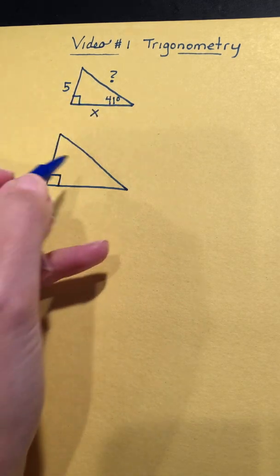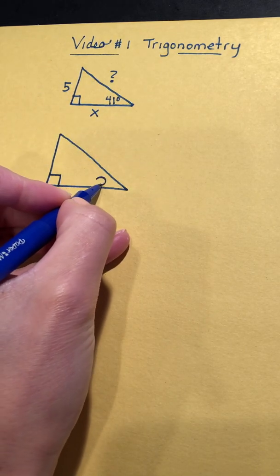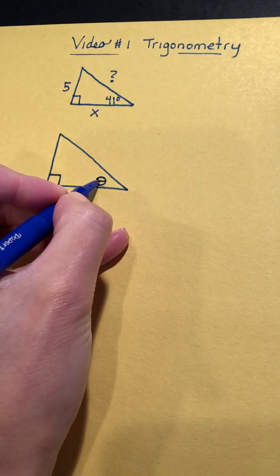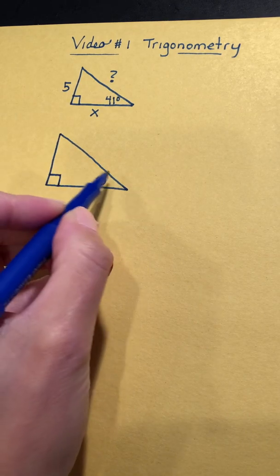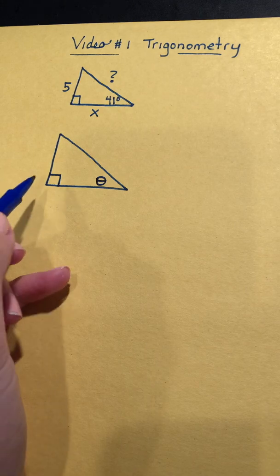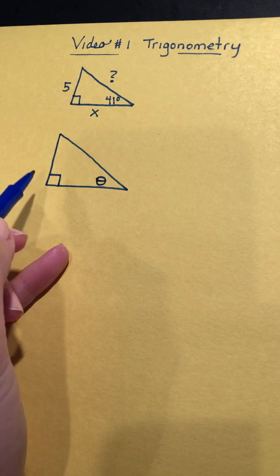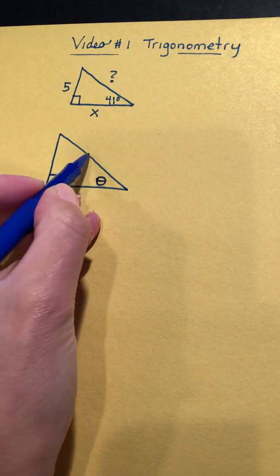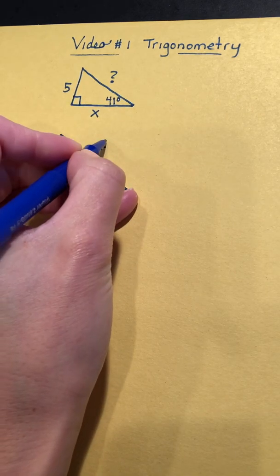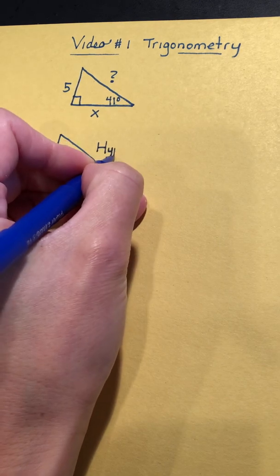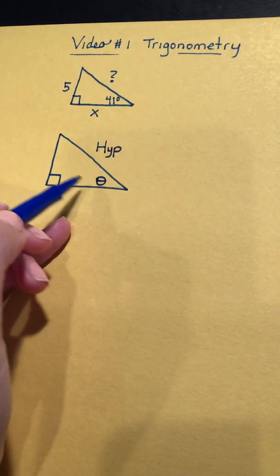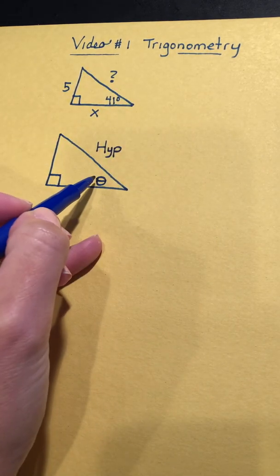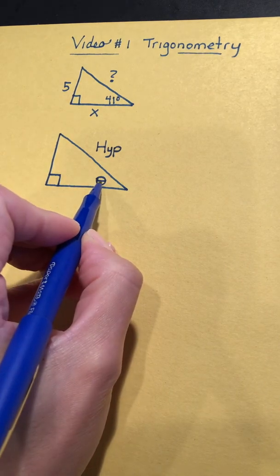Now, the 41 degrees, we're going to call that theta, and theta is a Greek letter for an unknown angle measure. What we're going to do is label every triangle with 3 sides. The side across from the right angle is going to be the hypotenuse, which I'm going to abbreviate as hyp. Now, look at angle theta.